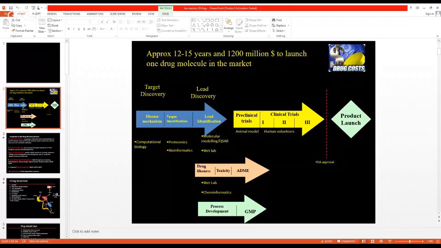Then there is a barrier that's called the blood-brain barrier. It separates the brain from the rest of the body. It allows through active transporters only nutrients like glucose. It allows oxygen inside, CO2 outside.